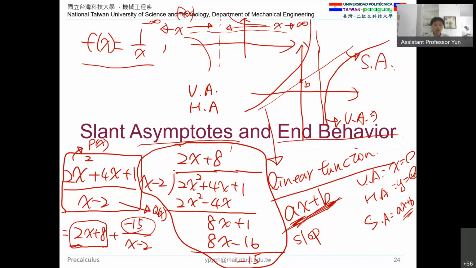And once we do this long division here, they will form this 2x plus a and plus the minus 15 divided by x minus 2 here, which will have this function.